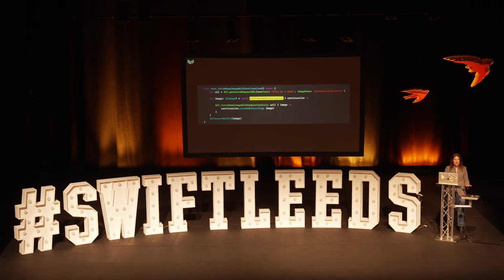But now, if we add the async keyword to the test, we can actually simplify this test with async await without updating the tested function at all by using with checked continuation.